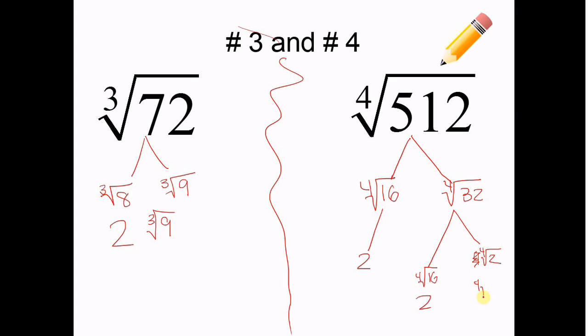And then the fourth root of 2 can't simplify at all. Let's multiply these two together, because they're both sitting on the outside. 2 times 2 is 4, and then I'm going to have the fourth root of 2. So 4 times the fourth root of 2.